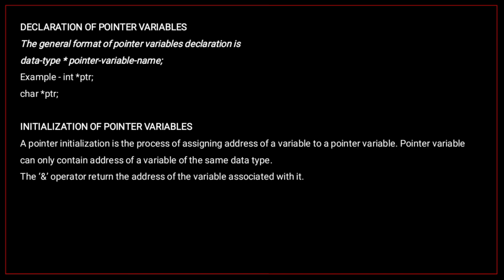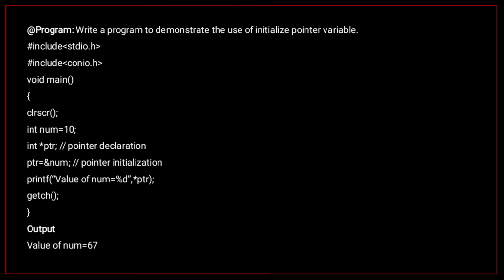The address operator is used to determine the address of a variable. The ampersand symbol operator returns the address of variable associated with it. So we discuss one example of how to initialize pointer variable.